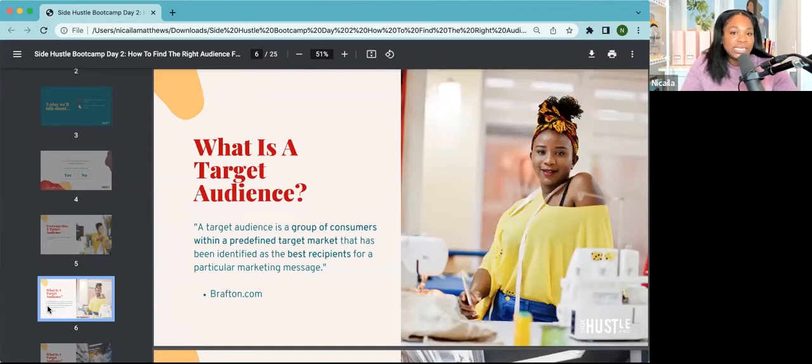I included it as a quote, so you guys can see the attribution, but I really like how this is phrased because it pretty much is as clear and succinct as possible. So a target audience is a group of consumers within a predefined market that has been identified as the best recipients for a particular marketing message.